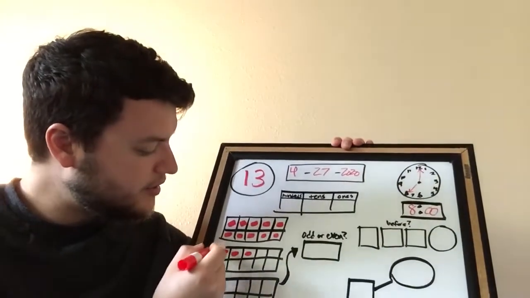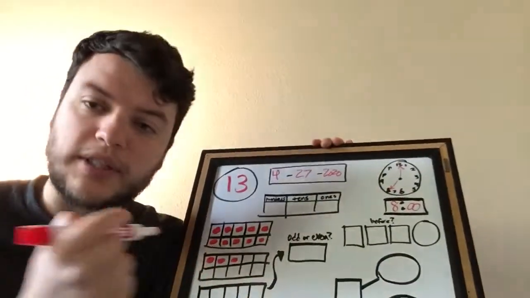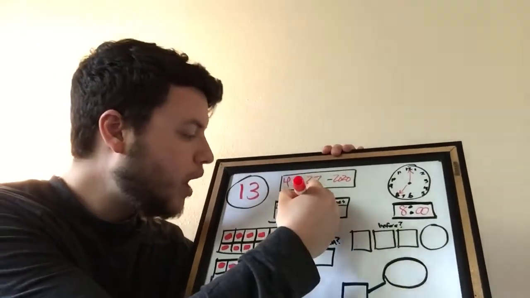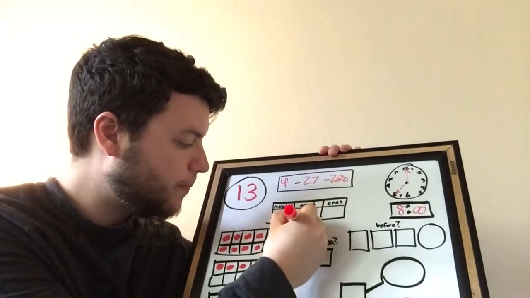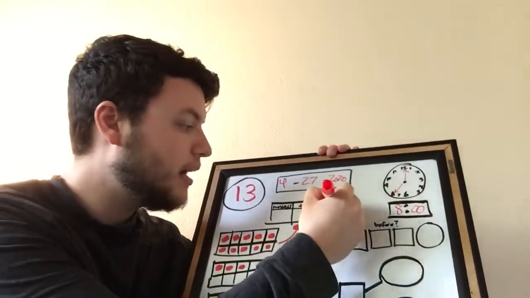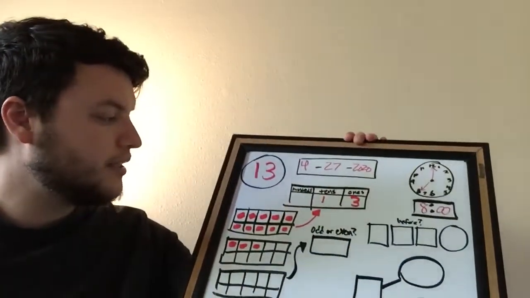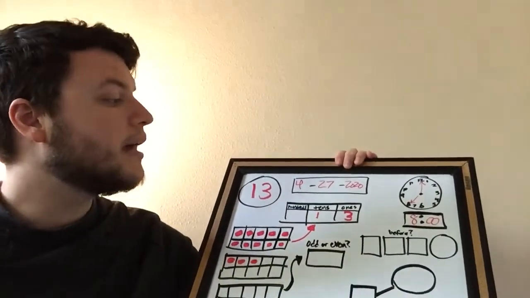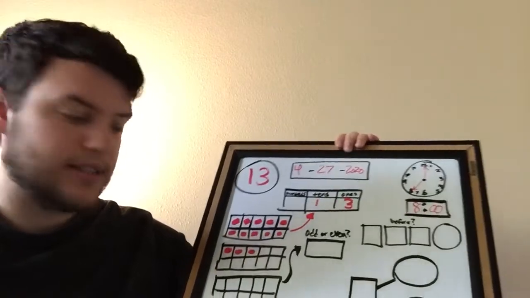And then these are just, it's not a full 10 frame, so we're still counting in ones. So I have 1 10 frame that's full, and I have 3 ones, 3 dots extra. So 1 10 frame and 3 ones that are extra.